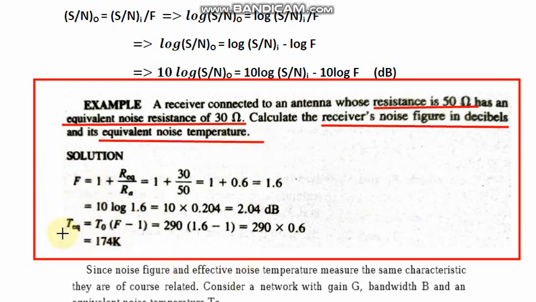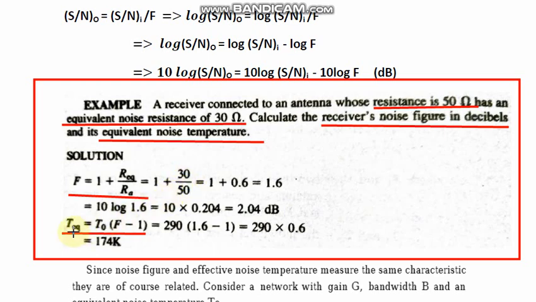We will generate these formulas later, but since the numerical is written here, you have to use these two formulas. The first formula for noise figure is F is equal to 1 plus equivalent resistance divided by antenna resistance. This formula we will generate later for noise in networks with reactive elements. Since the magnitudes are given, you just put the values and calculate it.